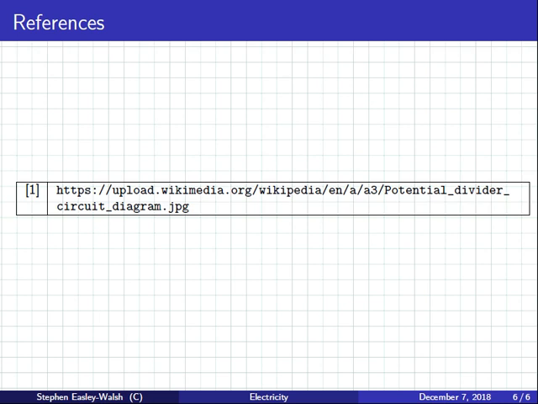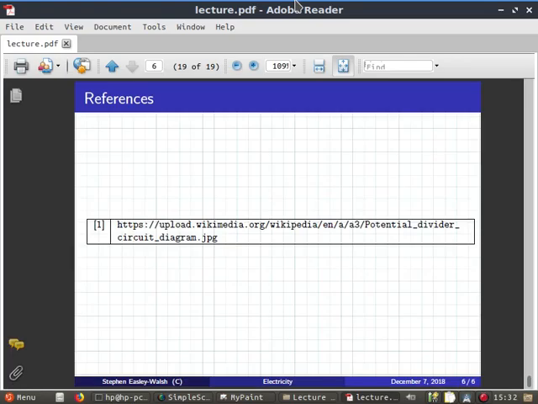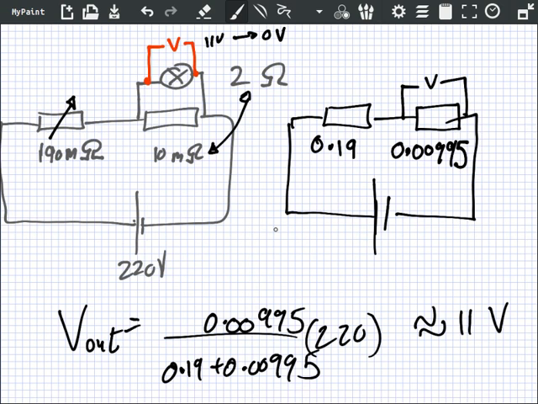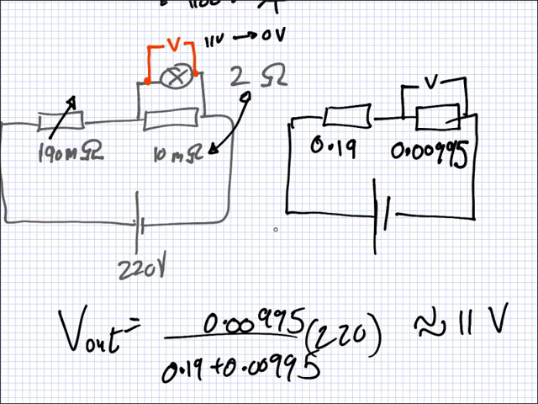Let's do this question, and after this question, we'll do our revision. We'll look at last year's exam. Oh, I have to open it up.